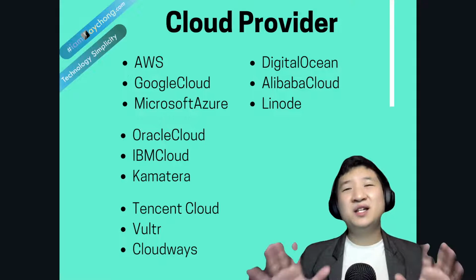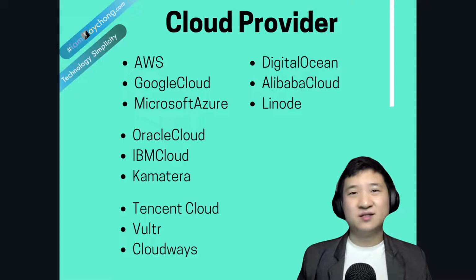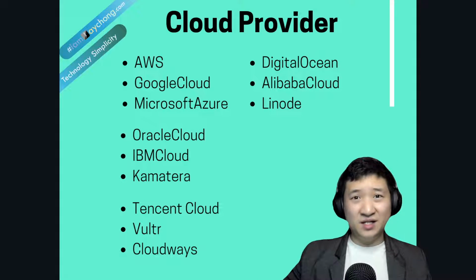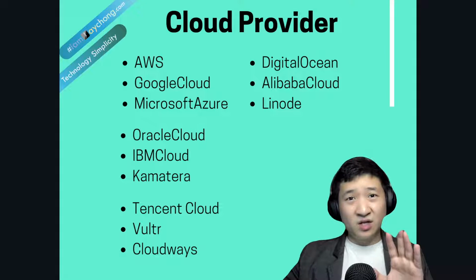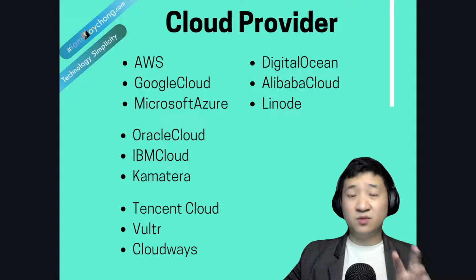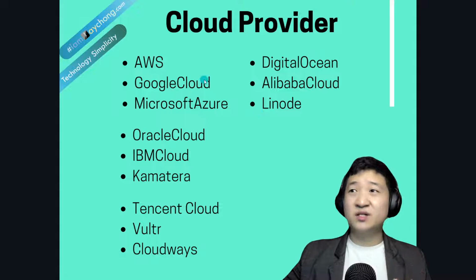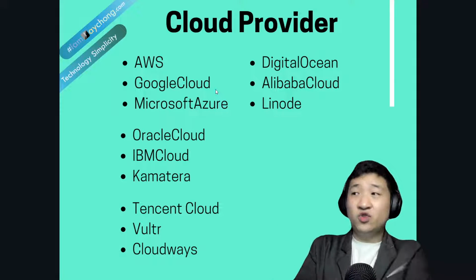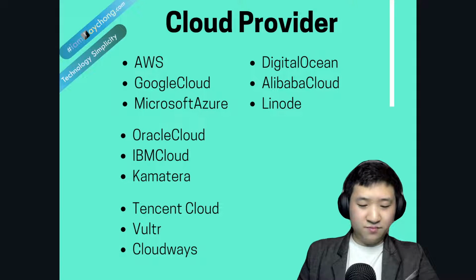There are many cloud providers in the market. These are the ones that I listed which I feel are reputable. So whenever you think about going for a cloud provider, you can consider the big names that you already know, including AWS, Google Cloud, Microsoft Azure, DigitalOcean, Alibaba Cloud, and so on.